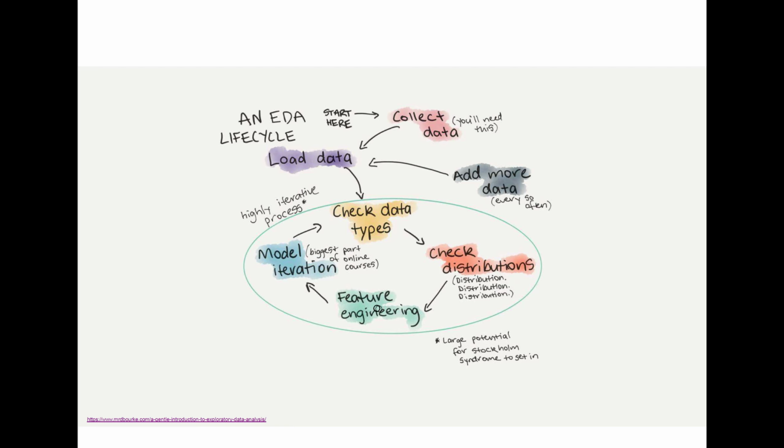This is called feature engineering, creating new composite data. And then we run our evaluation models on that revised data and add some more data and circle around and around. Okay.